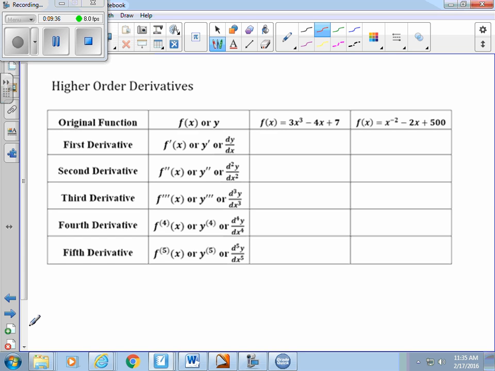You will be fine. This is not hard, I promise. This doesn't take you as long to do five derivatives on that function at the top on the left as it took you yesterday to do one derivative of the same thing.